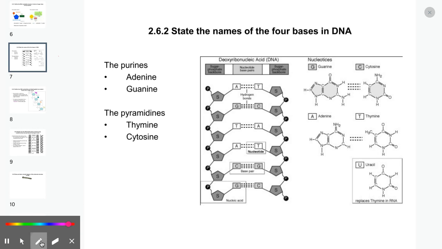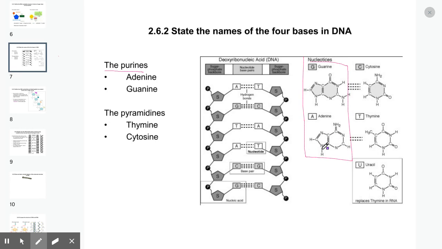I do want to say one thing about these nitrogenous bases. If we look at the structures of them, adenine and guanine are listed as a group called purines. And if you look at the purines, which we have over here, adenine and guanine, you notice that they're made of double rings.